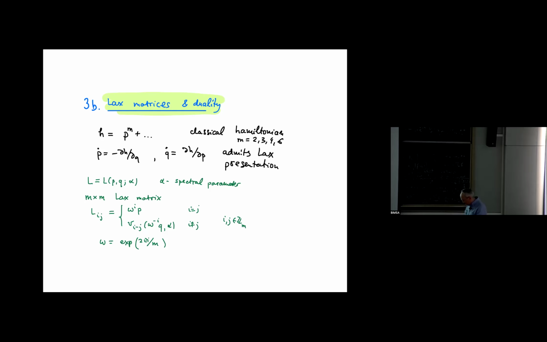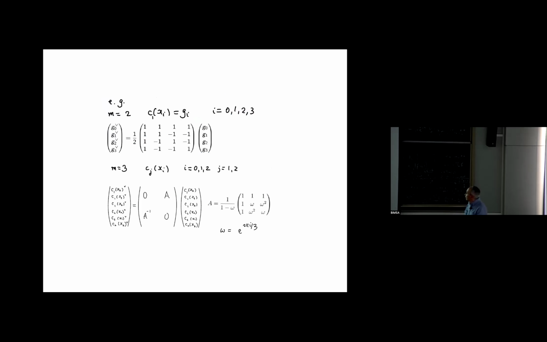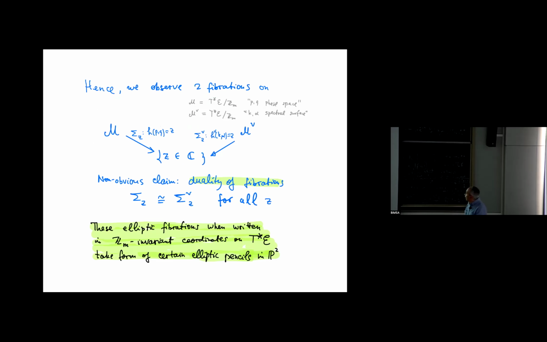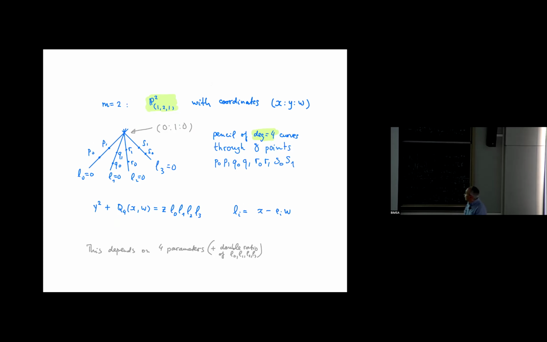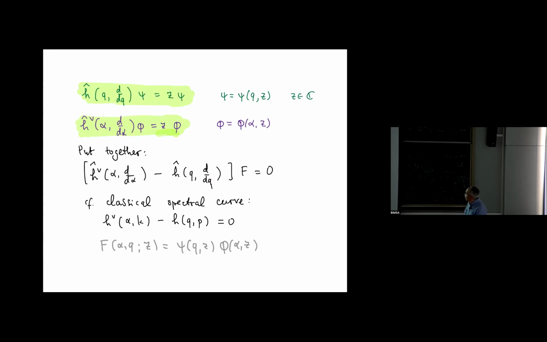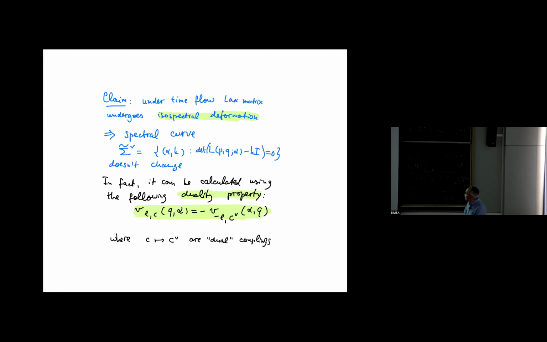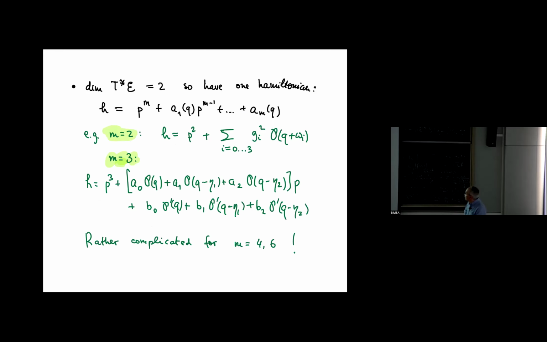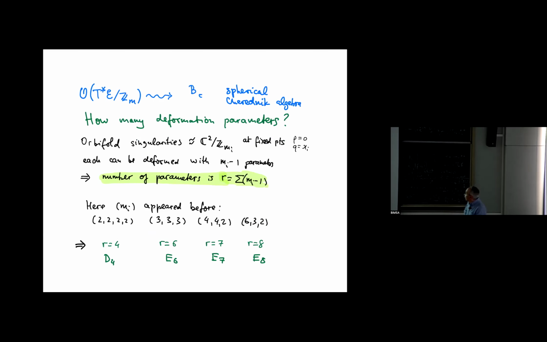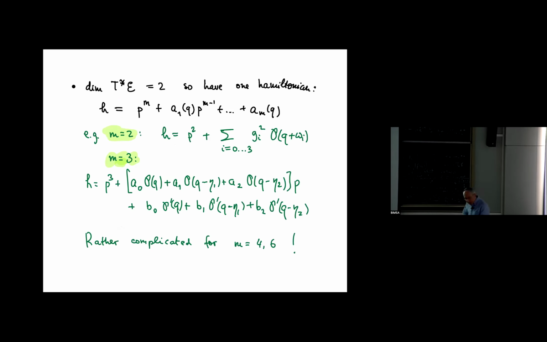So it's not so easy to get this. That's the problem here, to get the expression for the Hamiltonians. It's fairly straightforward for m equals 2, but not so easy for m equals 3.